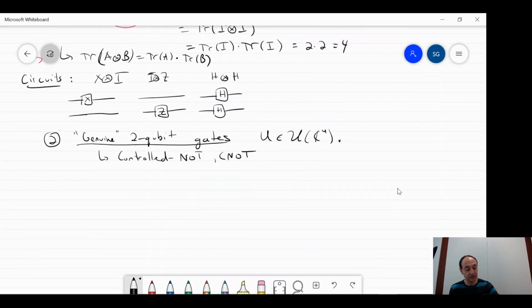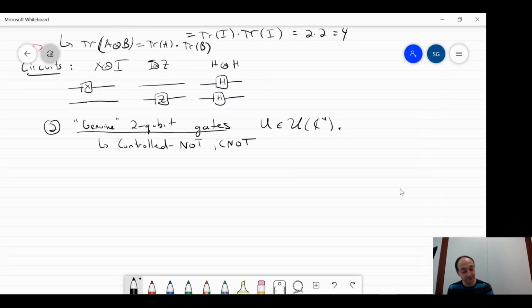By linearity, you then know exactly how the operator acts on the entire space. So this is defined as follows. CNOT of 0,0 goes to 0,0. CNOT of 0,1 goes to 0,1. CNOT of 1,0 goes to 1,1. CNOT of 1,1 goes to 1,0.